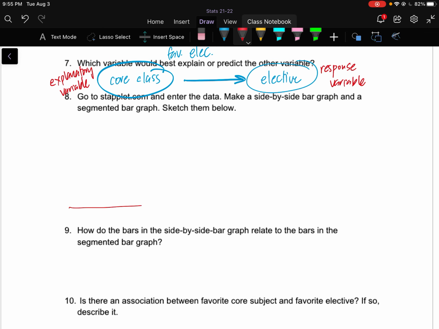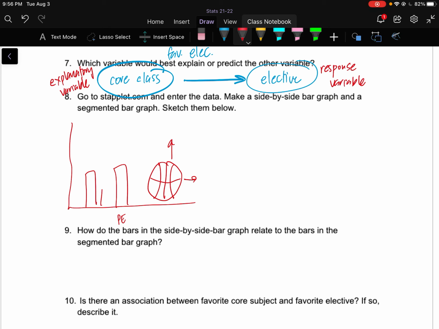Like for PE, instead of drawing a bar for PE, maybe we drew a baseball or a basketball, right? And the issue that comes up is as you increase the size of a picture, its height increases, but the width of the picture also increases, which distorts the value that picture is trying to represent. Okay. The thing with bars is that they all have the same width. The only thing that changes is their heights. Okay. So that's the reason why we don't want to use pictures and just use a simple bar instead.